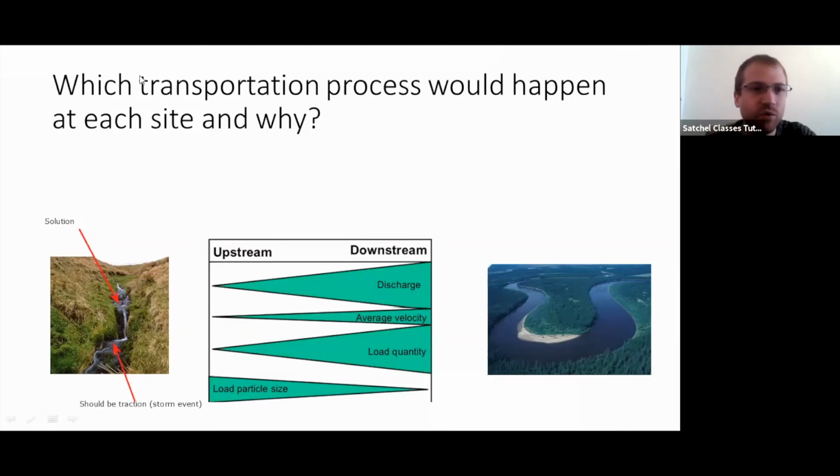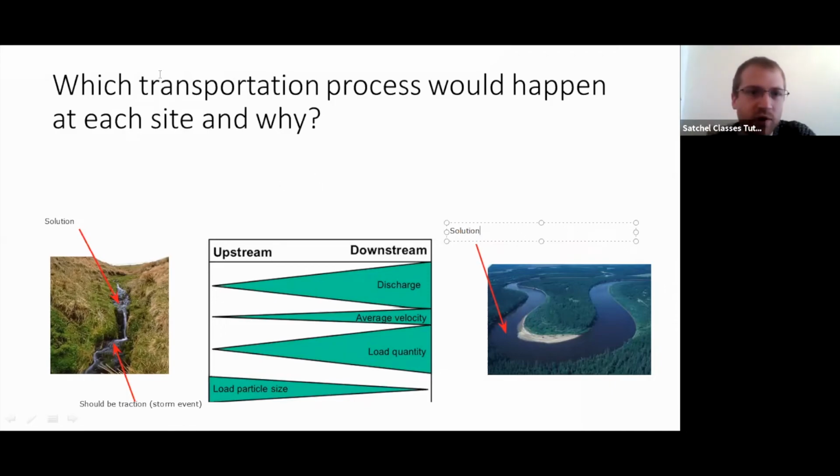If we look towards the lower course, okay, we can see that we've got clear water, so we can assume that solution will be taking place along here.